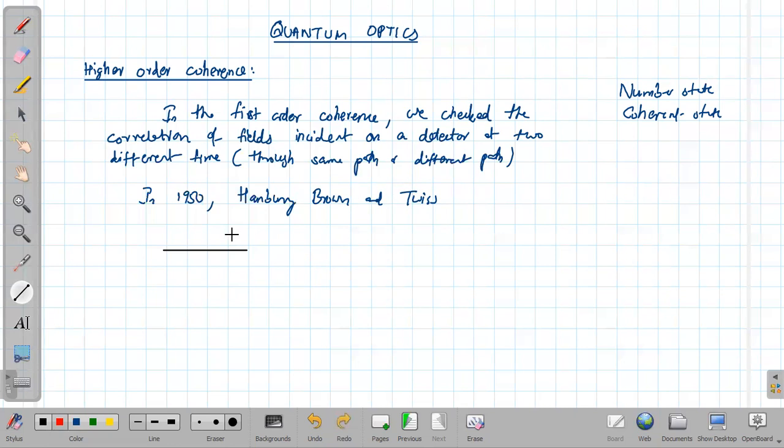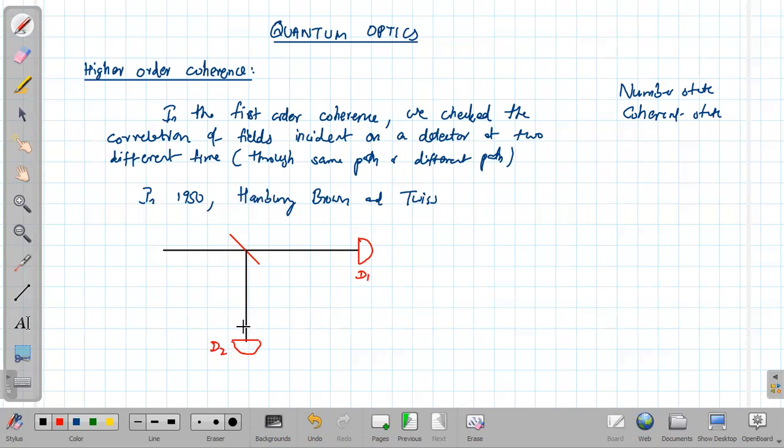A beam splitter divides the light into two parts, and we have two different detectors here, detector D1 and another detector D2.